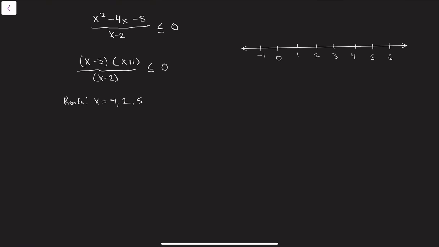Let's break this up into the different intervals. We'll have -1 here, we'll have 2 here, we'll have 5 as such. Case 1, case 2, case 3, case 4. Now, just like the previous question, we break up the different cases using testing values that we'll use from x in each interval, and we check our inequalities.